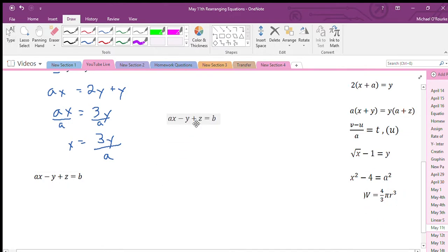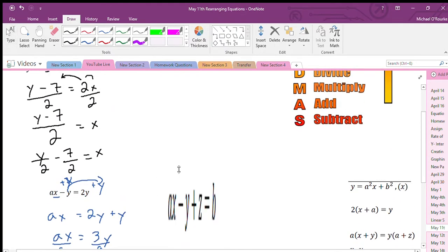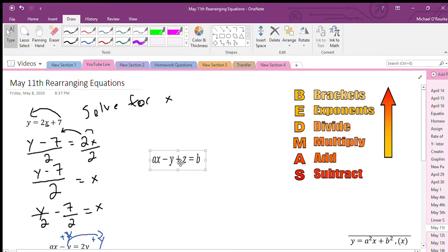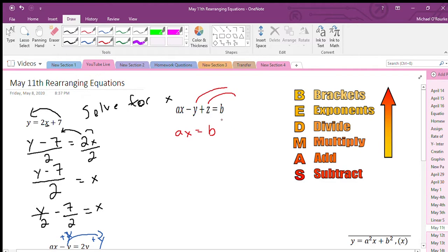What we're going to work towards is solving some equations where we need to solve for a different variable. This one here, we're solving for x again. Let's move the addition and subtraction parts over. We're left with ax on this side equals, I like to write down what's already over there, b, first.